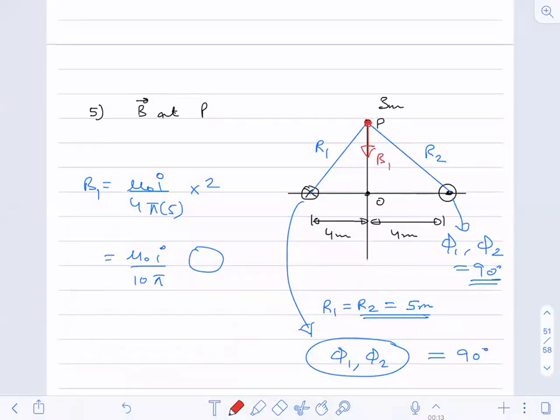Just hold it like this. You will have that pointing downward. Now if you hold the wire at B2, here also you will have the magnetic field downward only.